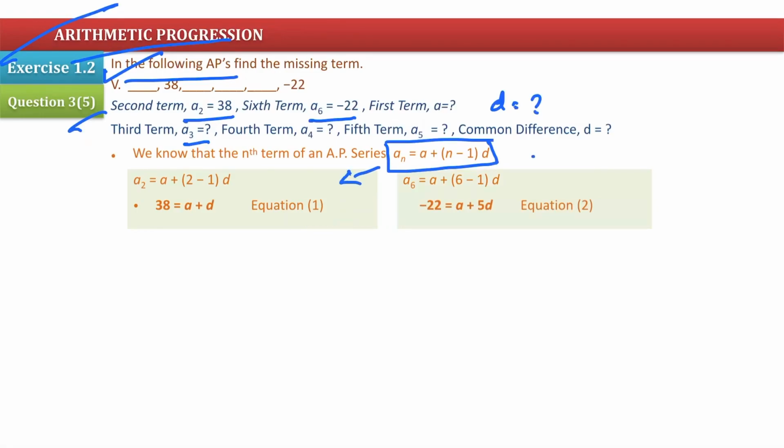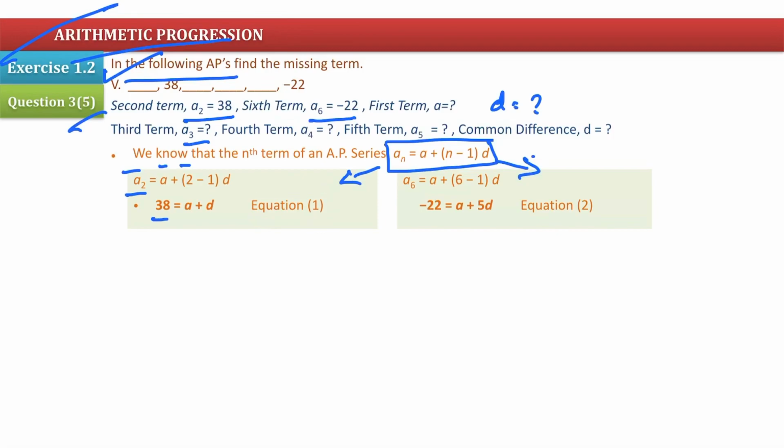So one is this and one is this. So A2 is equals to A plus n, which is 2, minus 1 into D. So the A2 value we know is 38, so 38 equals A plus 2 minus 1 into D, which means A plus D. This one I am going to consider as equation 1.